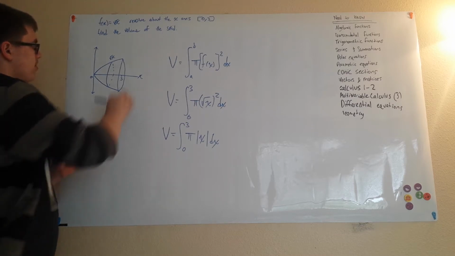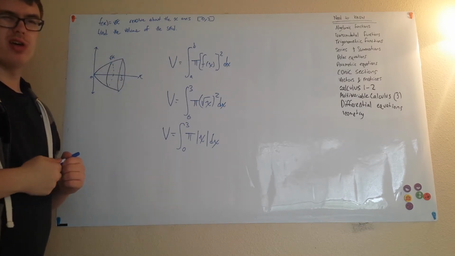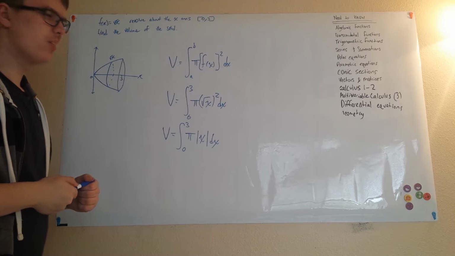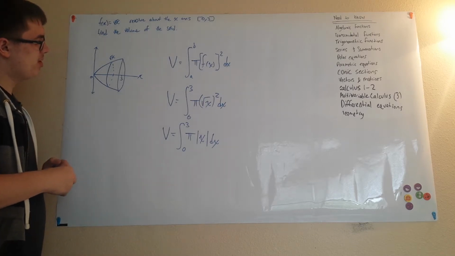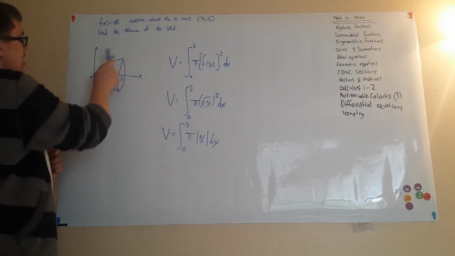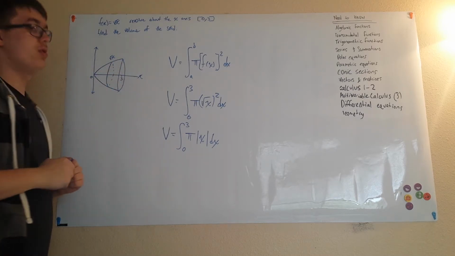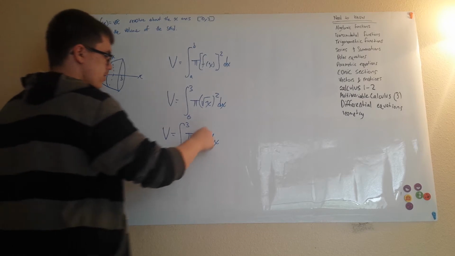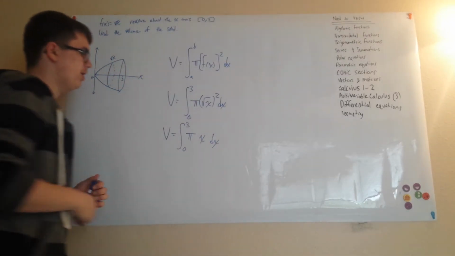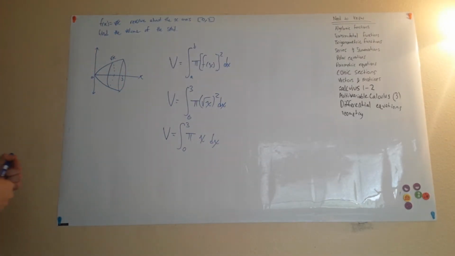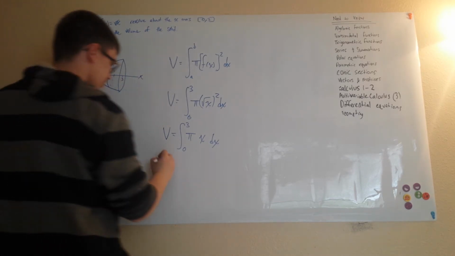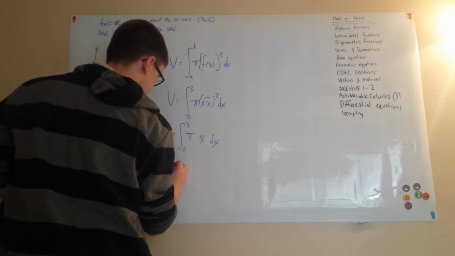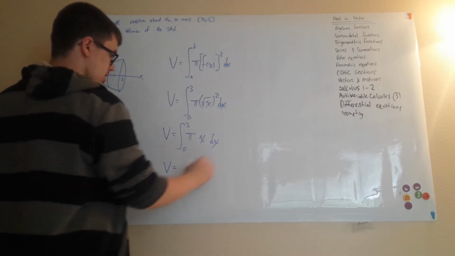Because remember how we had bottom volume, top volume cancel out? Well, let's see what happens here. Is x going to be ever negative? No. So we don't have to put absolute values, because x values are not going to be negative. What is this?